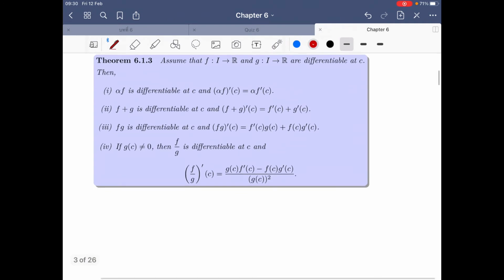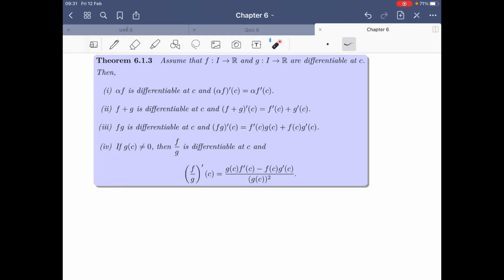Next we are going to take a look at the derivative rules that you have learned in your Math 1. For example, of course your f and your g must be differentiable first at the particular point c. If you have a constant multiplied by that function and then you find a derivative, you just find the derivative of this function at this point and later multiply by this alpha.